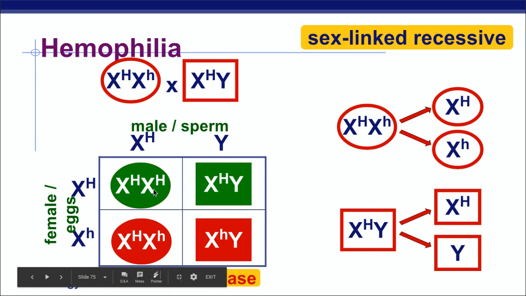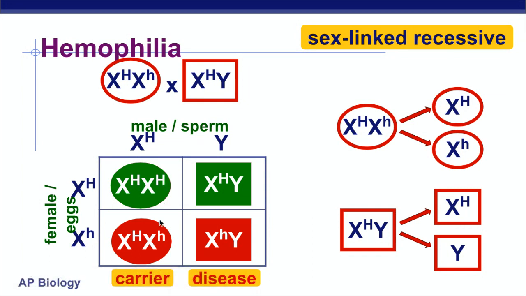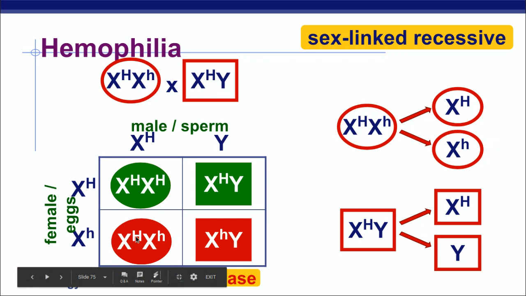We have a female that is normal, a female that is a carrier, a male that is normal, and a male that has just the one recessive form, which means that it's going to be displayed.